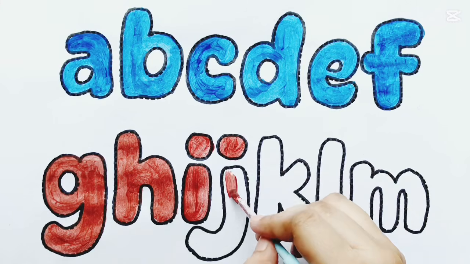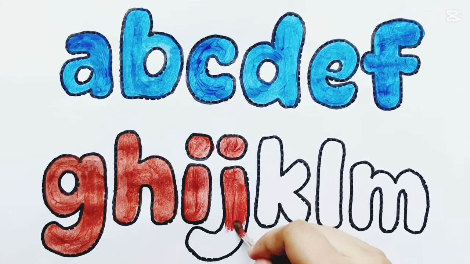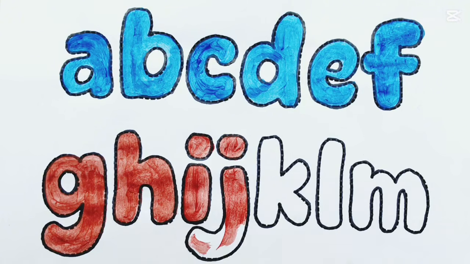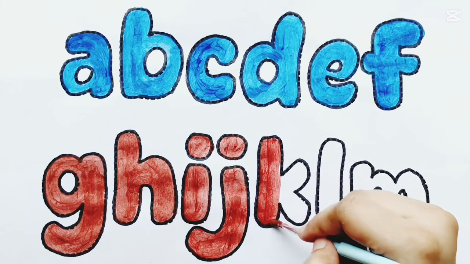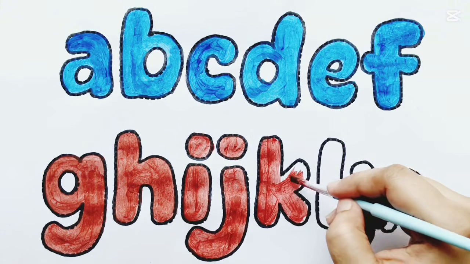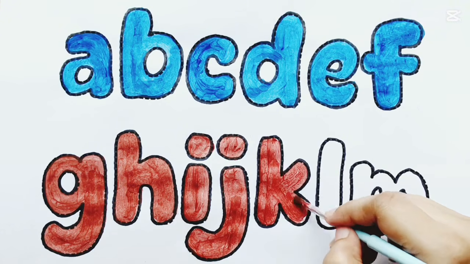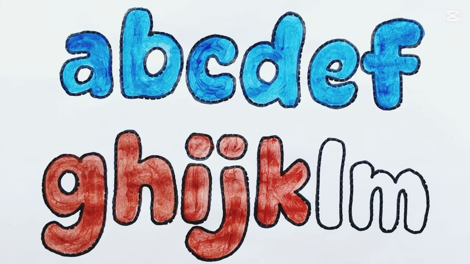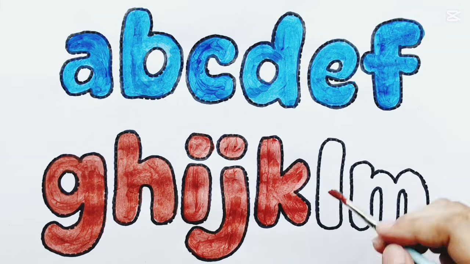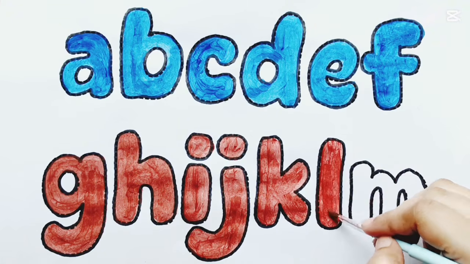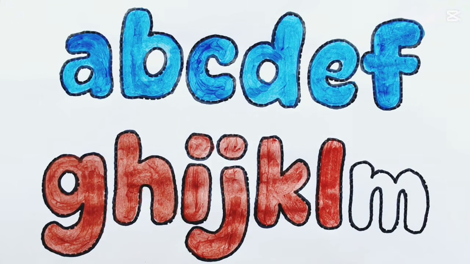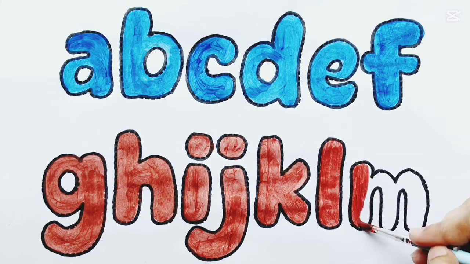J for jelly. K for kite. L for lamb. M for moon.